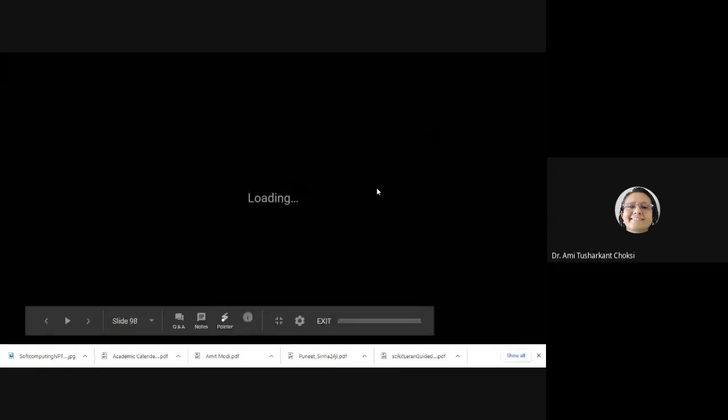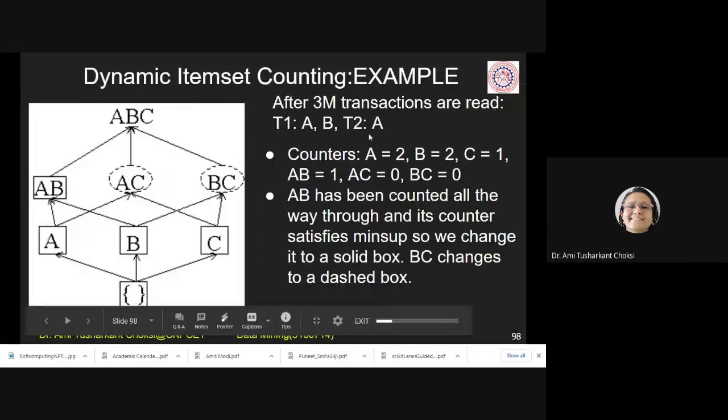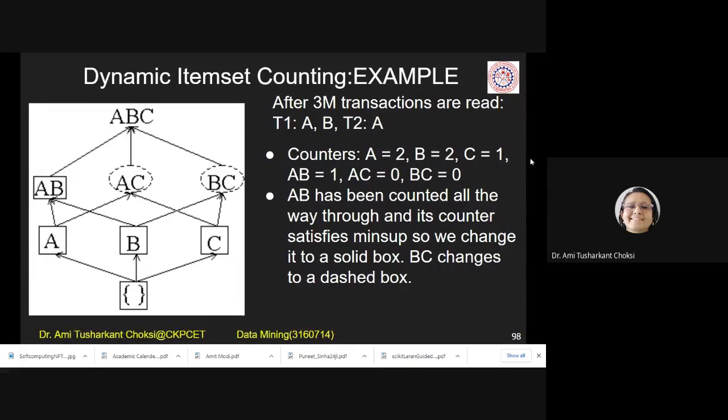Now, T1 and T2, right? So what counters do we have? A is equal to 2, B is equal to 2, C is equal to 1. Should we again increment the count for single item sets? No, we should not, because they are counted all the way through all the transactions, right?